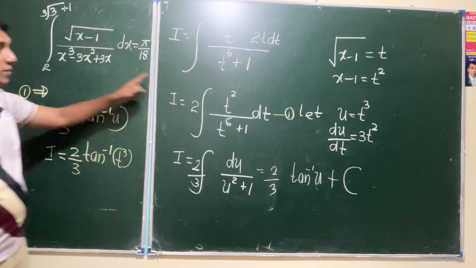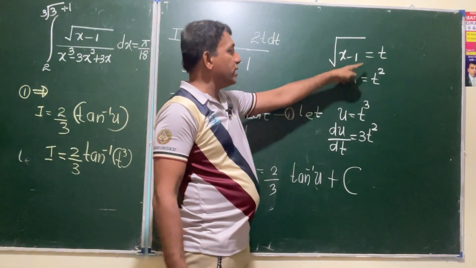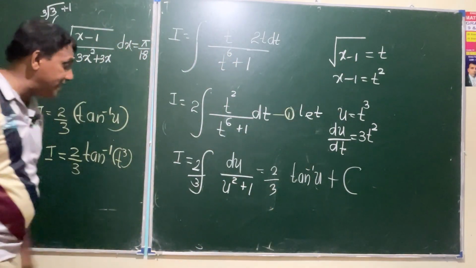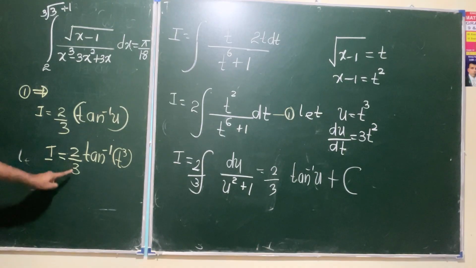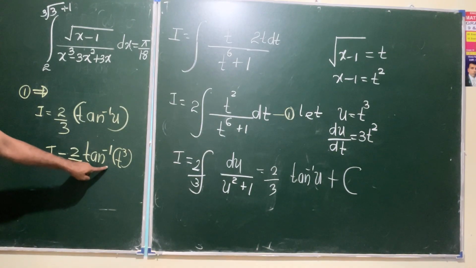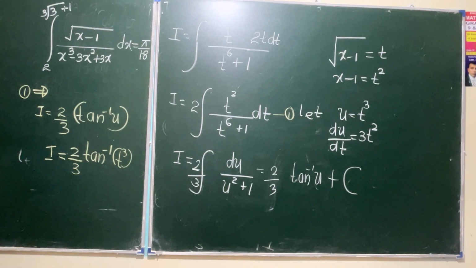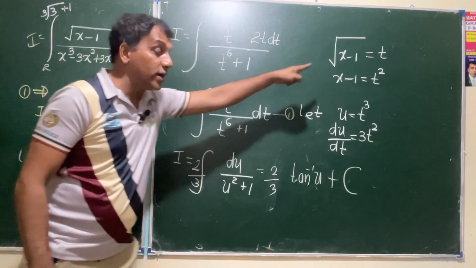We use x minus 1 as square root t. So I equals 2/3 tan inverse t cube, right? That is, this expression becomes I equals that. Now you know what t is.